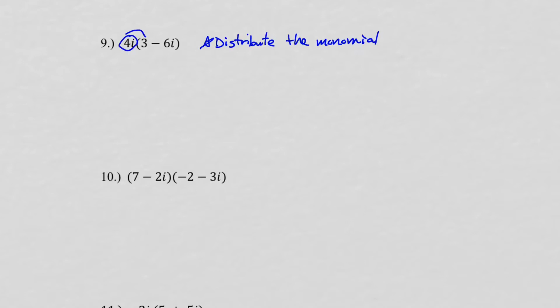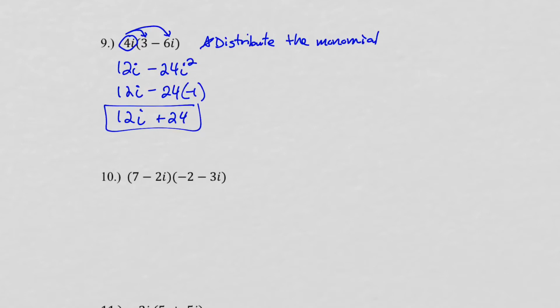It's one term, and we're going to multiply those two across. So 4i times 3 is 12i, and negative 24i squared. Okay. So the 12i, we're going to replace that i squared with a negative 1, and then negative times negative is positive. And you can leave it like this. You don't have to switch it up if you don't want to.